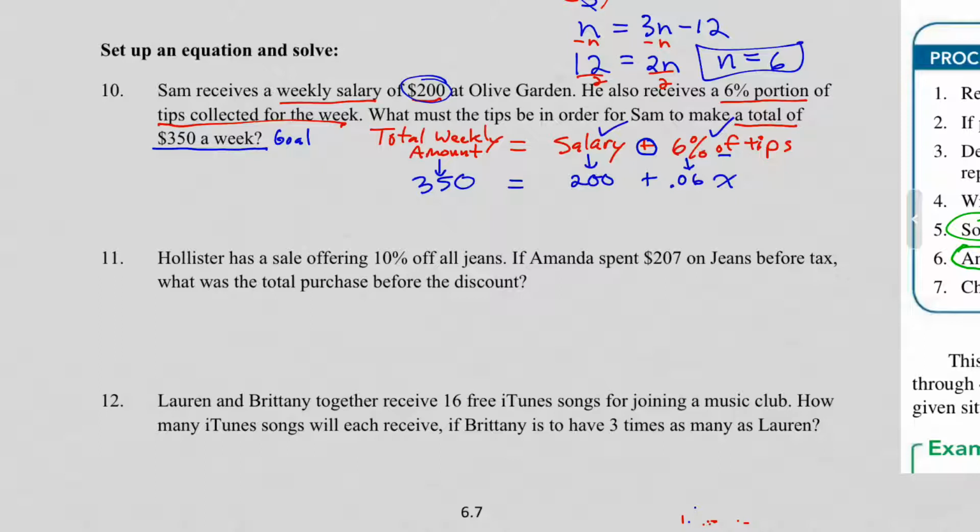Because we don't know the tips. We want to know what this is. What must be the tips? So let X equal tips, or I can put weekly tips.